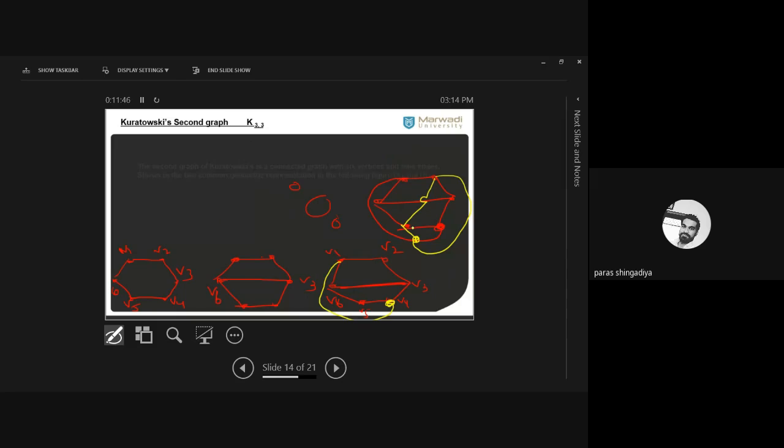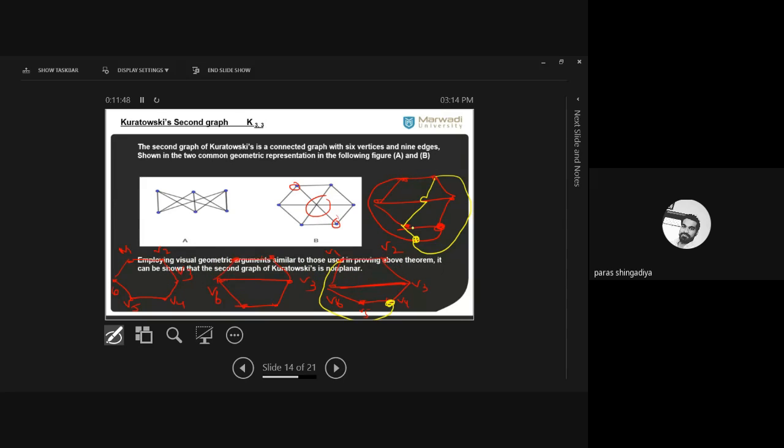That is for K5, and now for K3,3 also. Delete one edge, this one, the last one that is crossing, and the remaining graph can easily be embedded. Rest of the graph is easily embedded. Also delete one vertex.